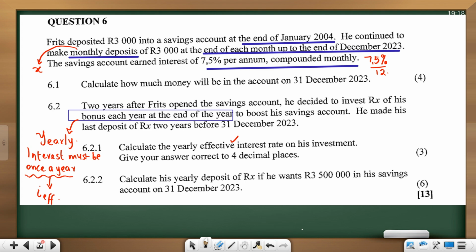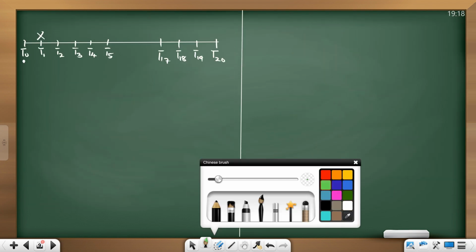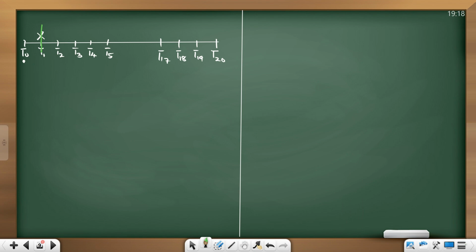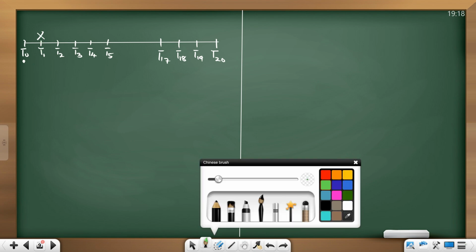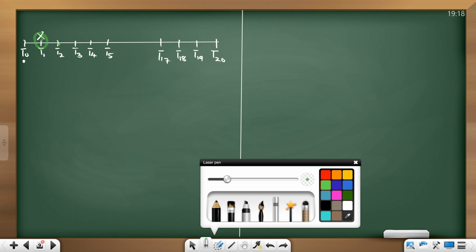So T1 is the first year after. What about the second year? Did he make a deposit? Yes. 2 years after. This is when he opened the deposit. 1 year after, did he make one? No. Second year after? Yes. So he made this deposit.